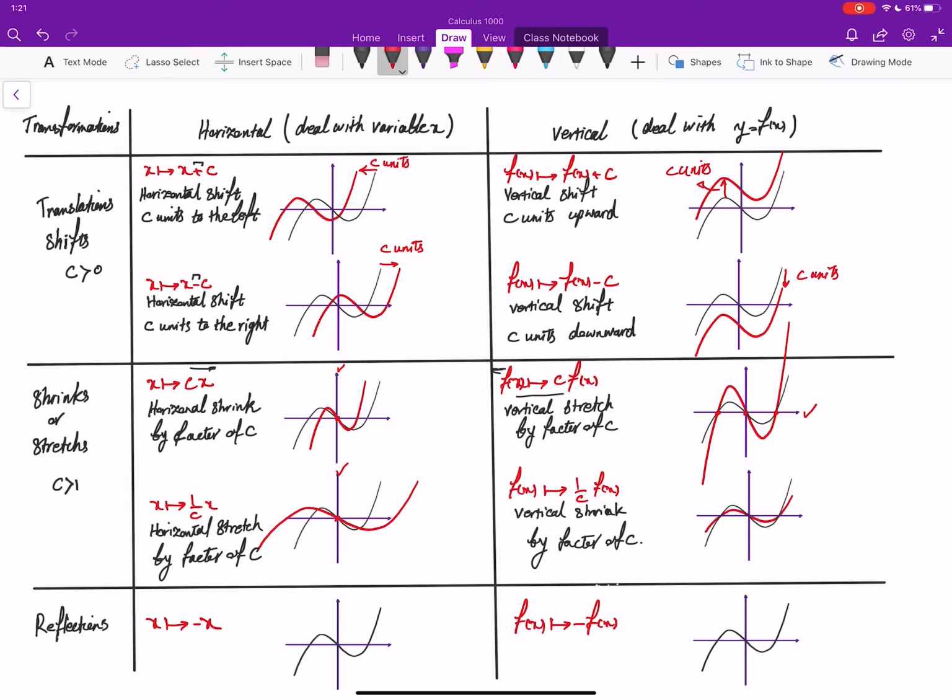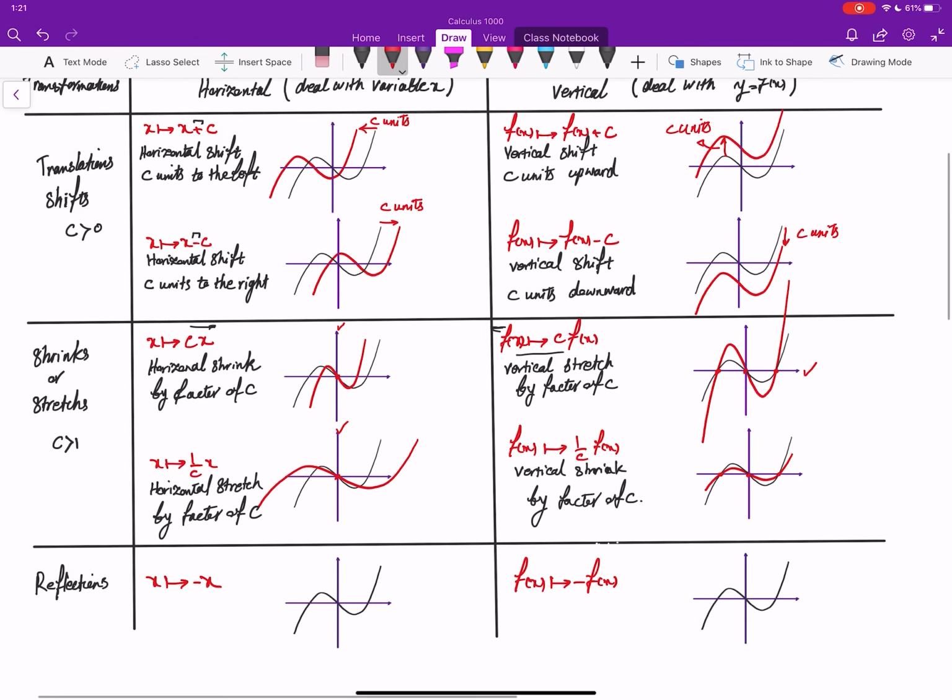And that is how it stays after the transformation. And this point again, in the vertical stretch or shrink, you will have the points on the x-axis fixed, and for the horizontal stretch or shrink, you have the points on the y-axis fixed.